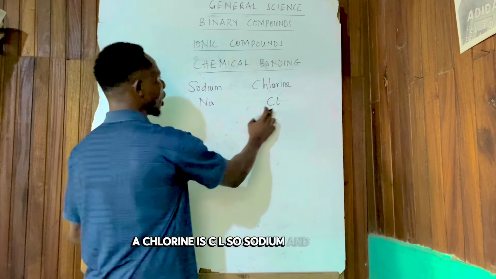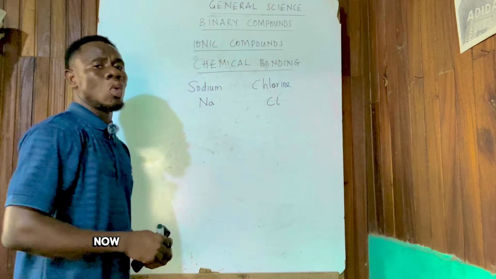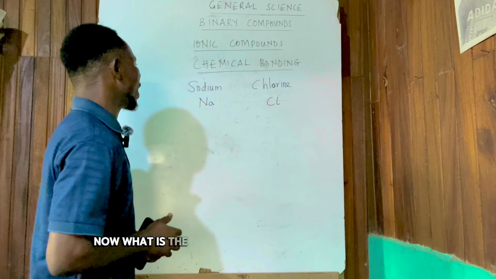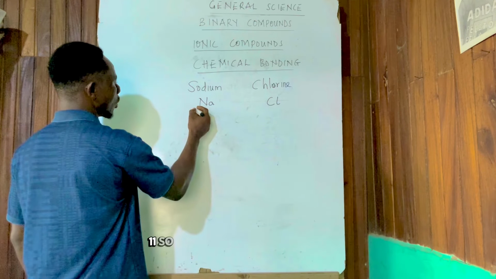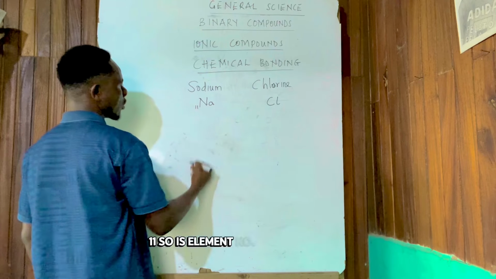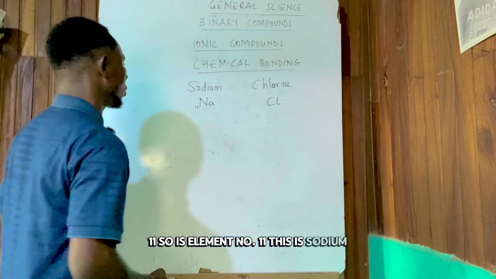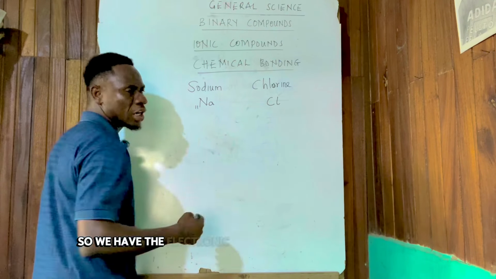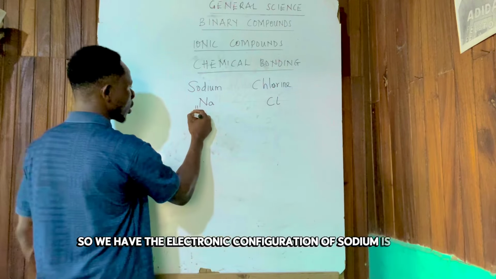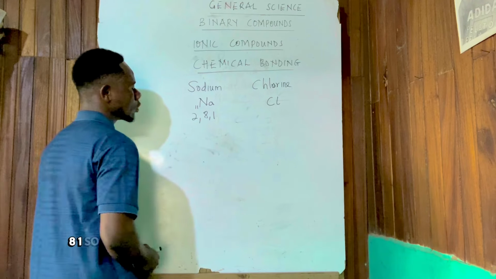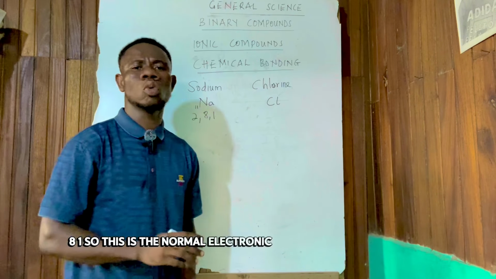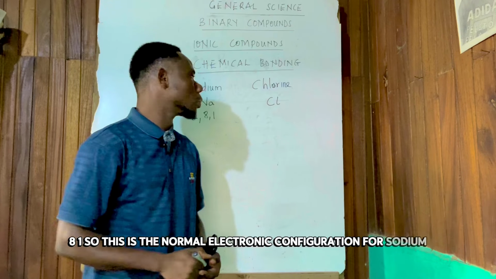What is the electronic configuration of sodium? Sodium is element number 11, so its electronic configuration is 2 8 1. This is the normal electronic configuration for sodium.